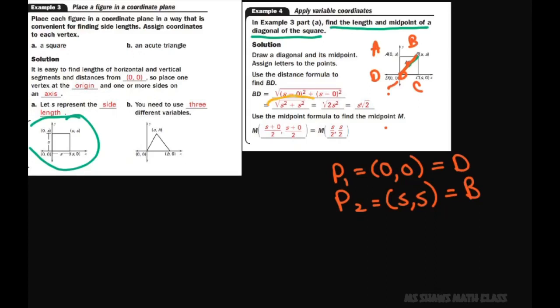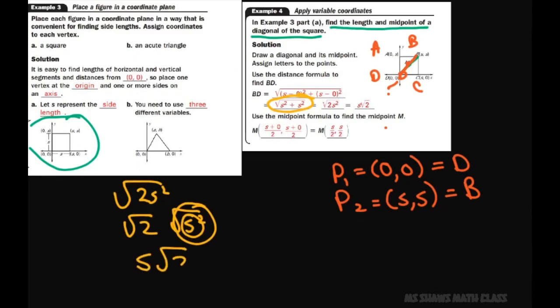When you take care of this, that's going to be the square root of 2s squared, and you can break this up. And the square root of a square is just that value there. So we get s square root of 2. And here's your midpoint formula. We're using our same points here to find the midpoint. And it simplifies to s divided by 2, comma s divided by 2.